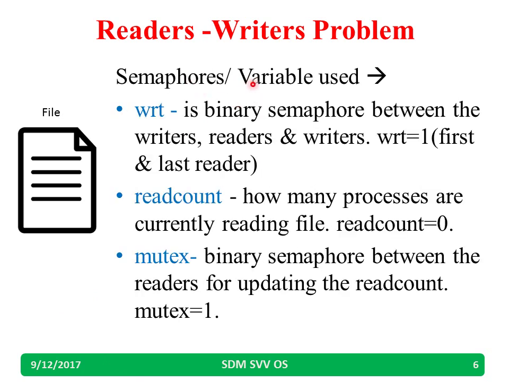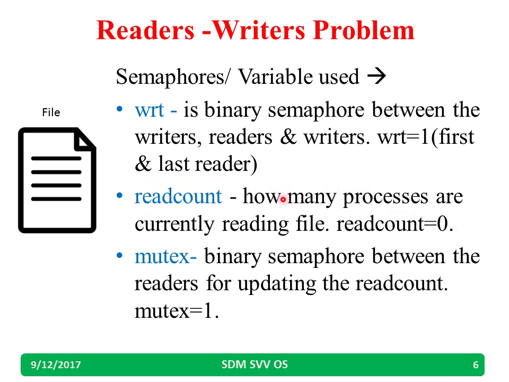We have some semaphores and variables we are using. WRT is a binary semaphore used between the writers and the readers and writers. It is initialized to 1, and WRT is accessed by the first and last reader. I have many processes as readers. Now read count is an integer variable initialized to 0.